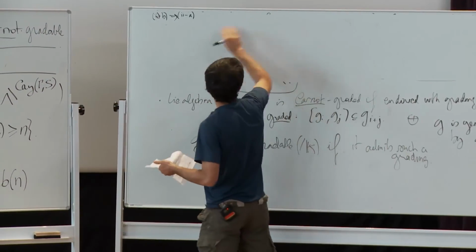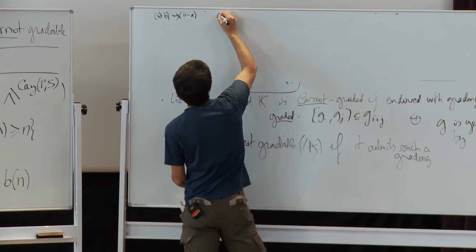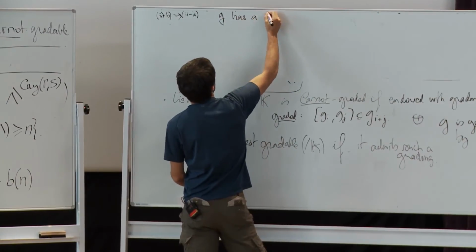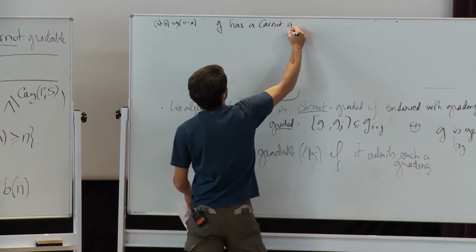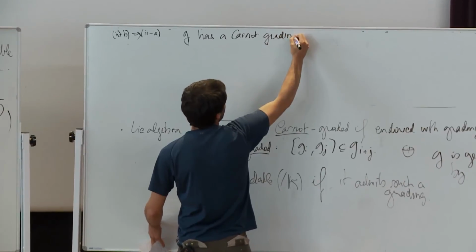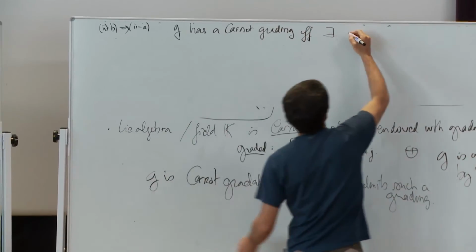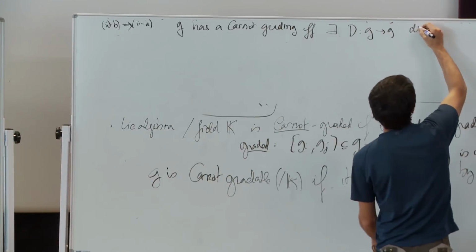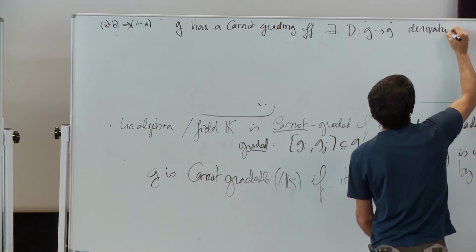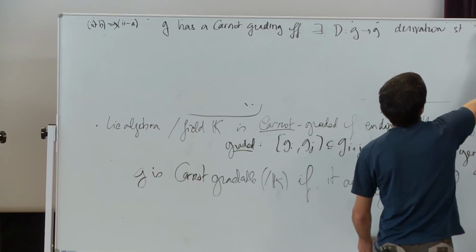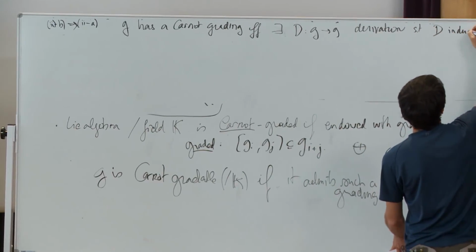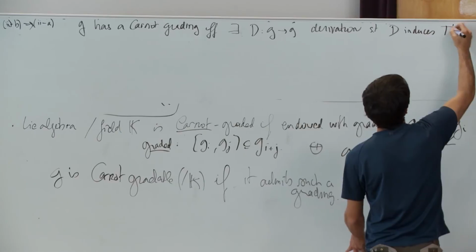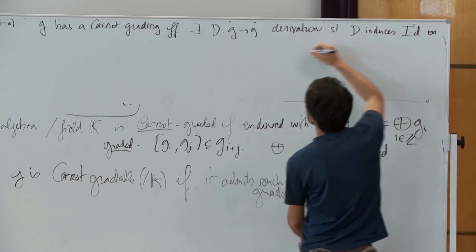But now there is a way to make it clear: G has a Carnot grading, is Carnot gradable, if and only if there exists D from G to G, a derivation, such that D induces identity on the abelianization.